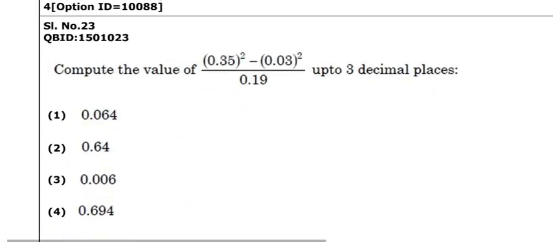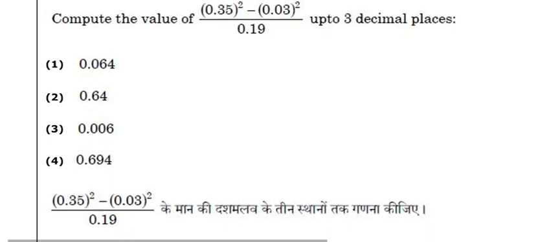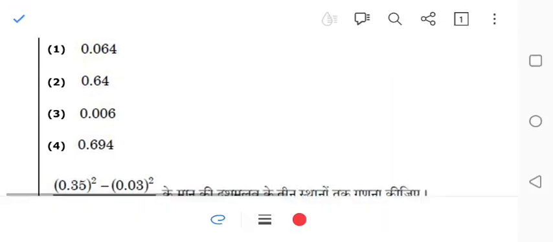Next, 23. Compute the value of, so this is the diagram, not a diagram, but for me it is also a diagram. Study the diagram up to 3 decimal places. What will be the correct option? I will give you the correct option. The correct option of number 23 will be 0.64.